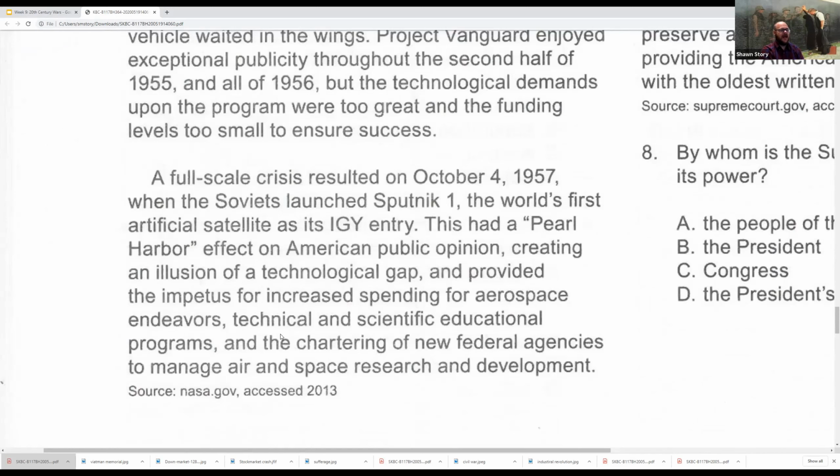This had a Pearl Harbor effect on American public opinion, creating an illusion of a technological gap and providing the impetus for increased spending for aerospace endeavors, technological and scientific educational programs, and the chartering of new federal agencies to manage air and space research and development.